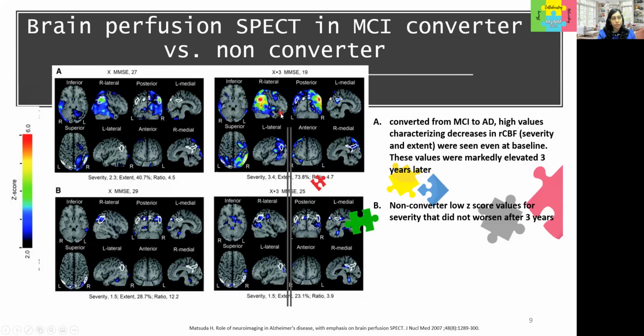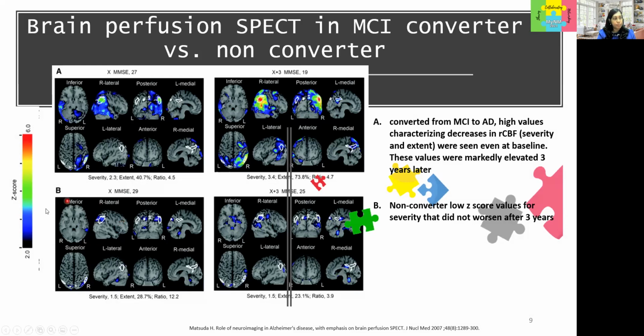The scan after 3 years demonstrates increased values of Z-scores, indicating further reduction in regional cerebral blood flow in the regions involved. This kind of pattern demonstrates that SPECT imaging can predict converters of MCI to AD.